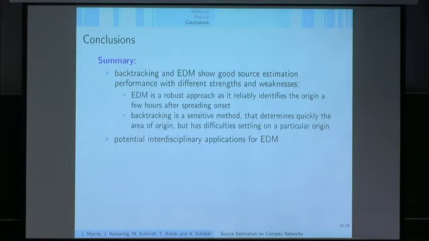We believe we could show that we have a potential large amount of interdisciplinary applications of the effective distance median. On the other hand, backtracking is not that generalizable, we believe. We tested backtracking on the foodborne disease outbreak of E. coli in 2011, and we couldn't estimate anything useful with it.